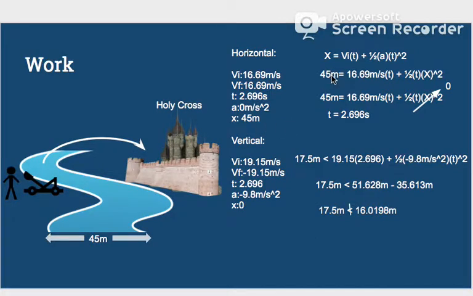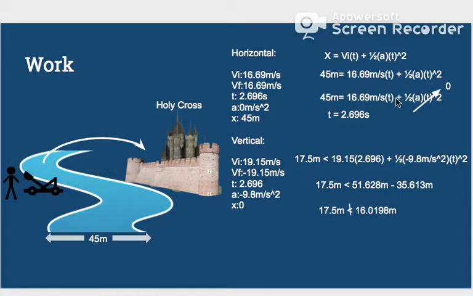Using displacement, we have the 45 meters is equal to 16.69 meters per second, which is our initial velocity, as shown up here in the formula, times the time, which we do not know yet, plus 1/2 acceleration times time squared. Since acceleration is 0, this will all just equal 0. And so we're left with 45 meters equals 16.69 meters per second times the time.